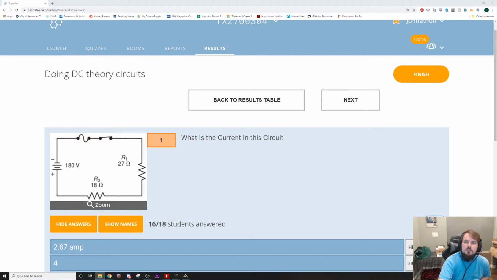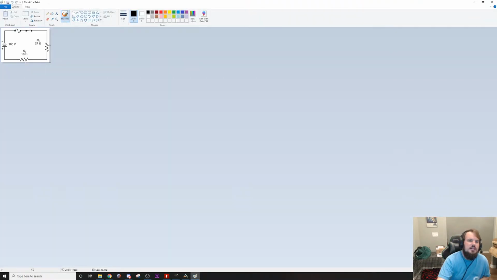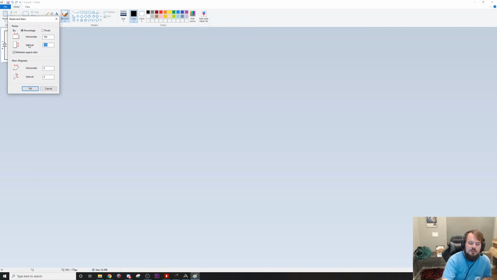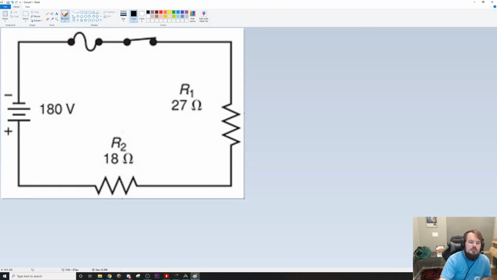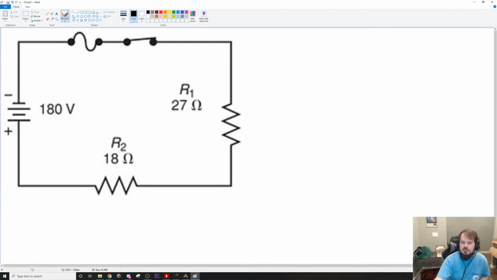Let's open this with Paint. Alright, let's resize it, make it a little bit bigger so we can see it. Now we're going to work this circuit. Pretty simple circuit.